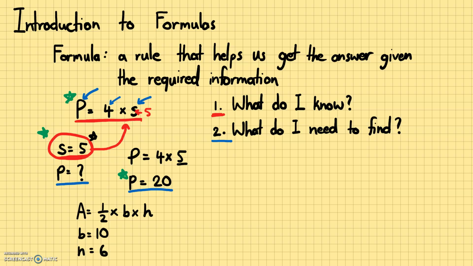I know that B is 10 and H is 6, and I know this formula here. And that means I know this part, I know B, because B is 10. I know H, this is 6. I don't know what A is. So this is actually what we need to find. I need to find A in this case.